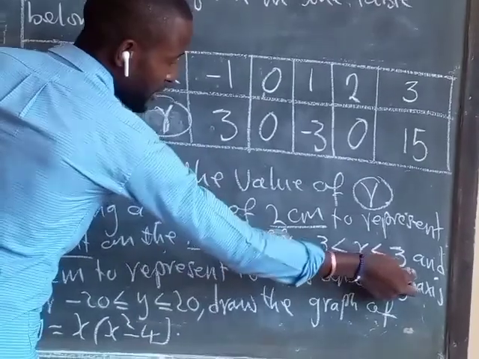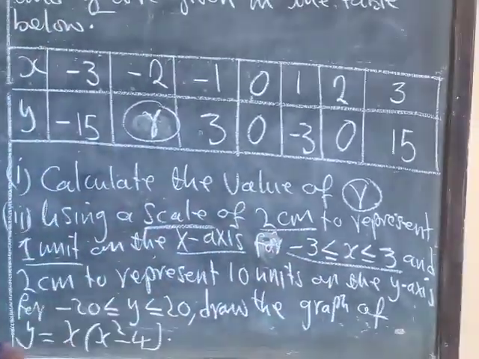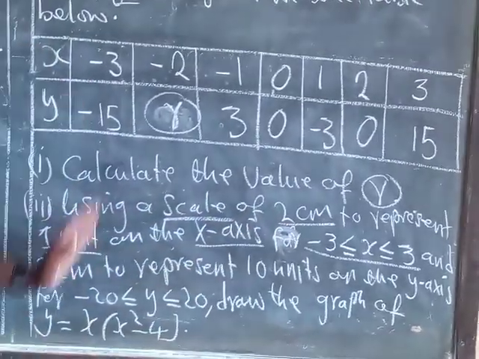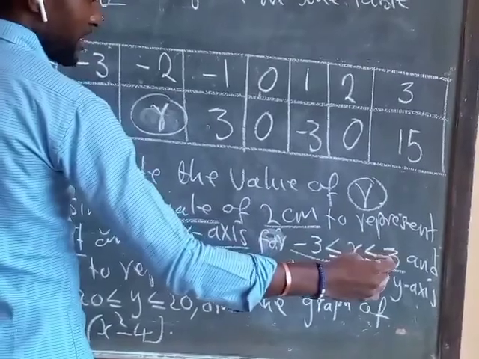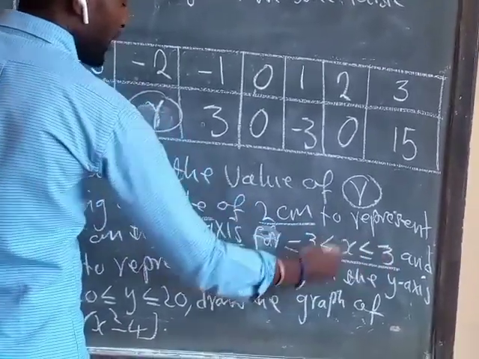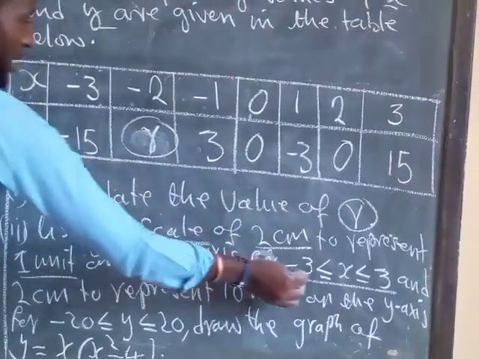This means I should use 2 cm on the x-axis to represent 1 unit. So it will be 1, 2, 3 on the x-axis, and on the negative side also negative 1, negative 2, negative 3. That's where I will end.